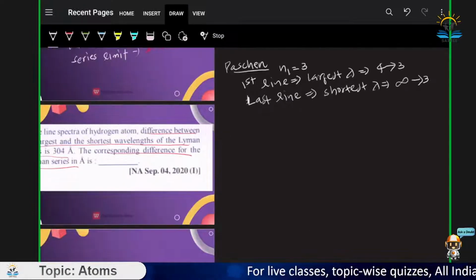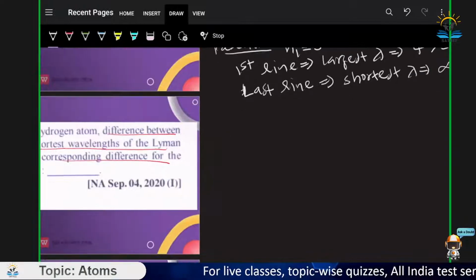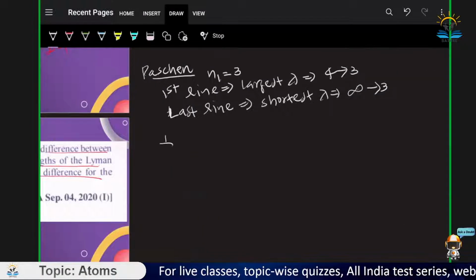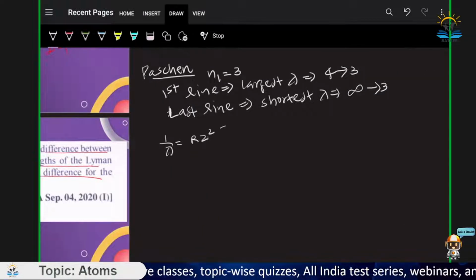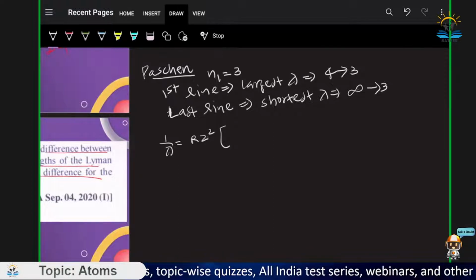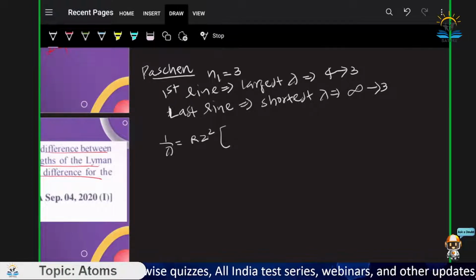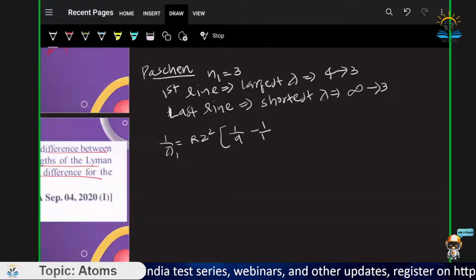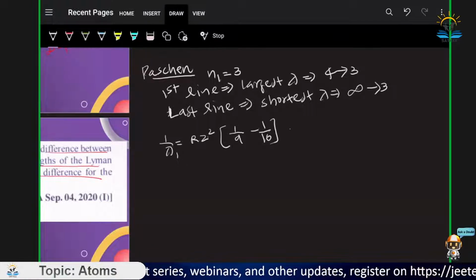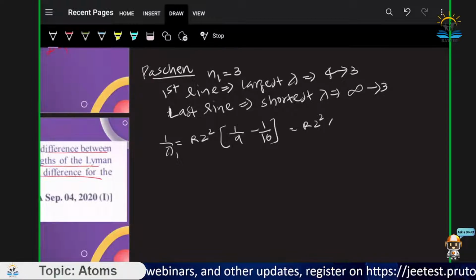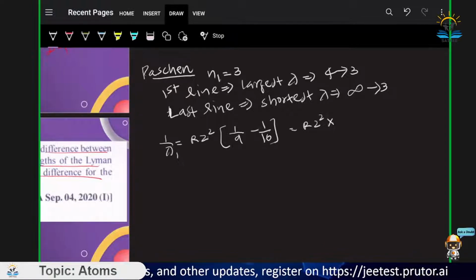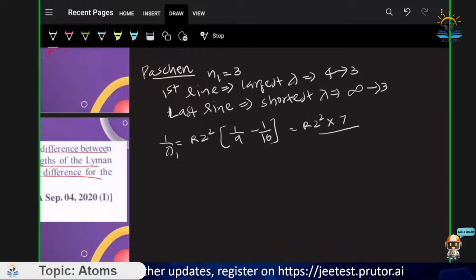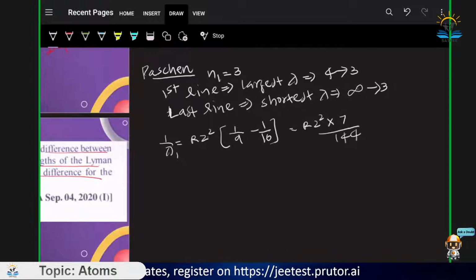For the first line, lambda 1, it is 1 by 9 minus 1 by 16, which is equal to R z square into (16 minus 9) divided by (16 into 9), which is 7 by 144.